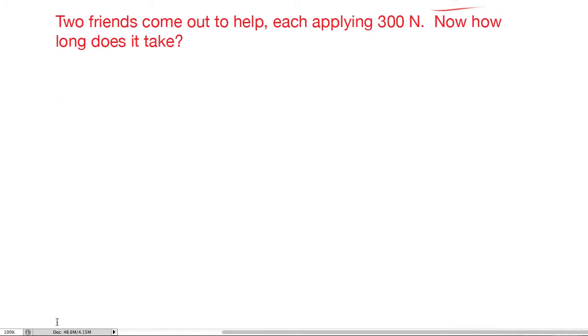A similar sort of problem. This time we have the car and we have 3 people, each pushing with 300 newtons. So the total force acting on the car is 900 newtons.